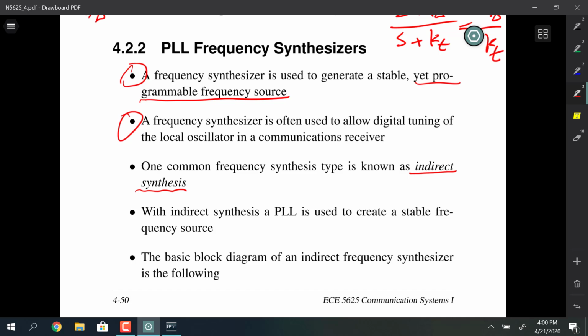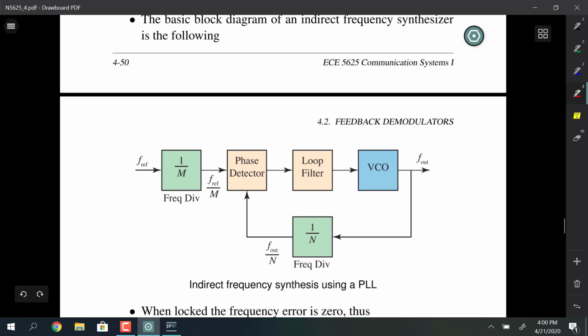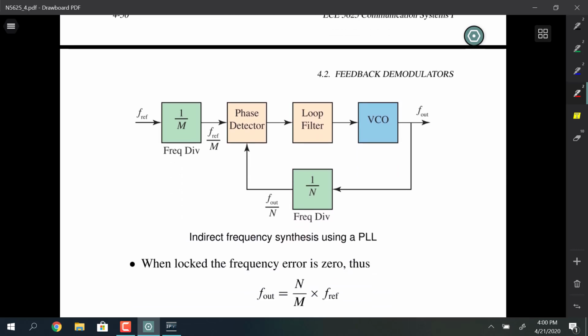And it can be used to create a stable frequency source in certain applications. So this is the generic block diagram of indirect synthesis. These days, if you buy a chipset from Analog Devices or Texas Instruments, and both of those vendors are always pushing to the limit in terms of the synthesizer chips that they produce for the wireless industry, they're a lot more sophisticated than this, but this still has the basic foundational ideas.